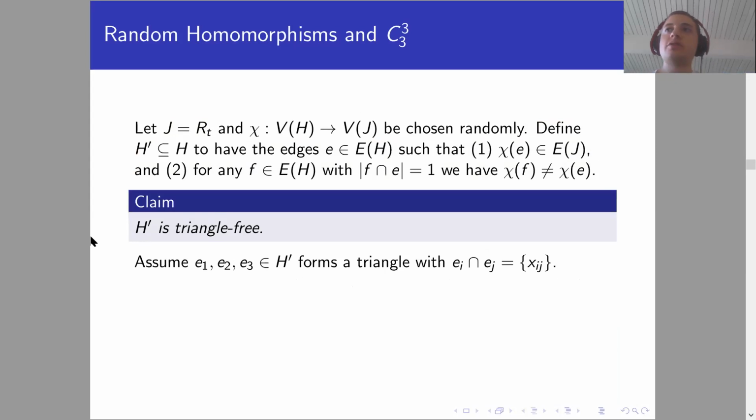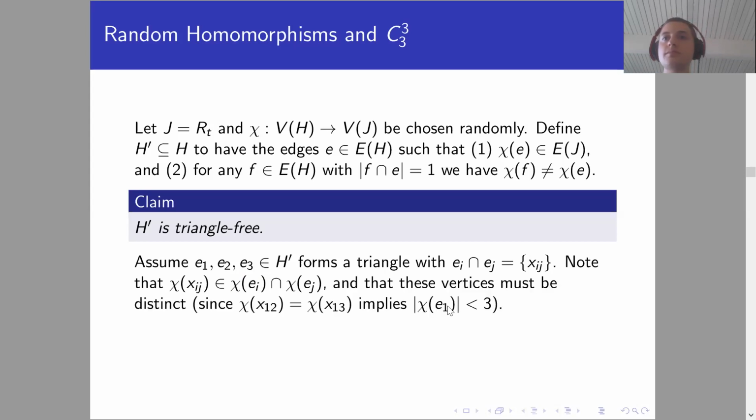So assume for contradiction that E1, E2, E3 survive in H prime, and they form a triangle in the following way, such that they pairwise intersect in these vertices x_ij, which are all distinct. And I'll note that because x_ij is in the image of each of E_i and E_j, by definition of how we define this, wherever x_ij maps into will also be in the pairwise intersection of these 2 edges here.